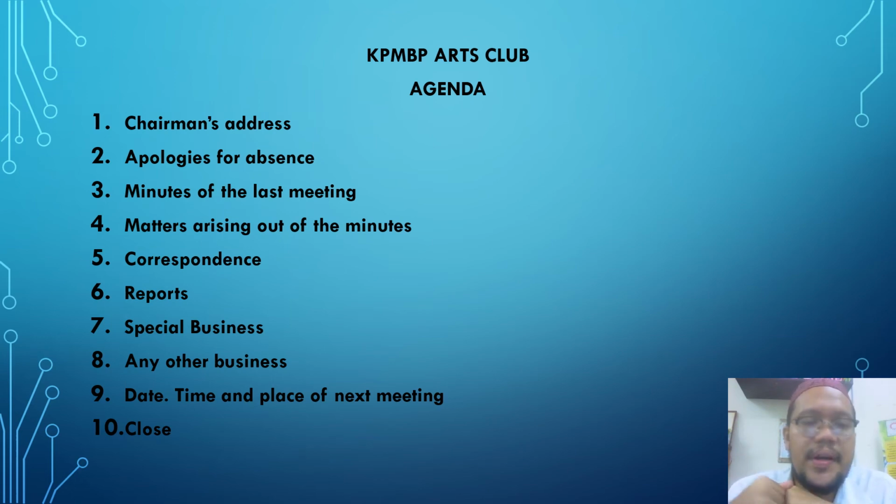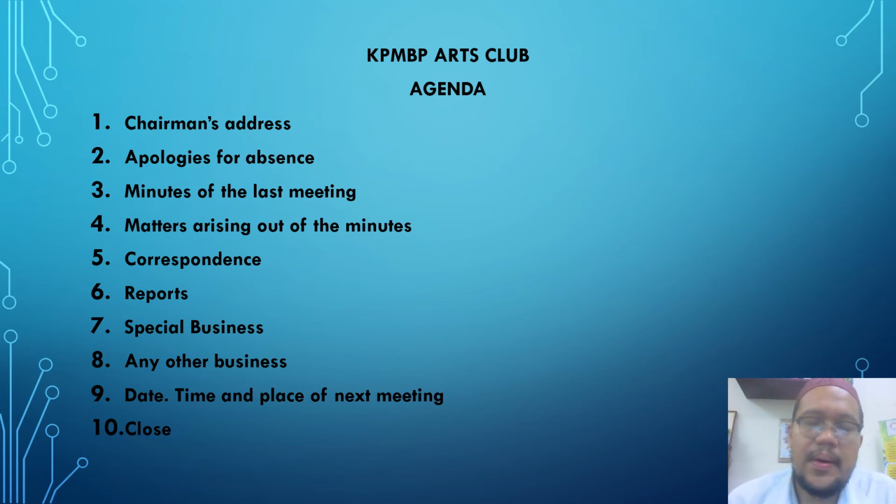Okay, correspondence again is a task of the secretary. Correspondence is actually any written documentation that needs to be informed to the members of the meeting. For example, a letter of invitation from another society or organization to do a joint committee, or a congratulation letter given to the club, for example, anything.